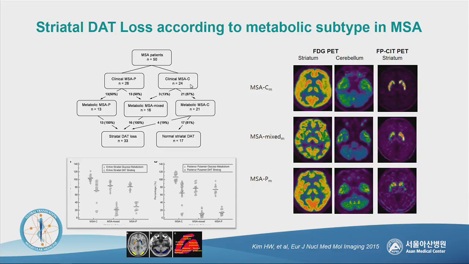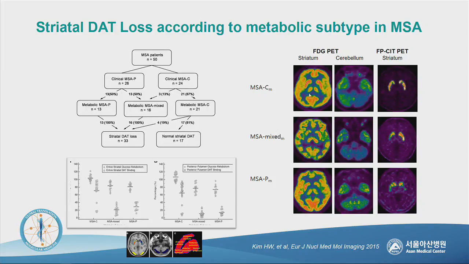But among clinical MSA-C, 87% showed FDG abnormality only in the cerebellum, and clinically and metabolically MSA-C showed mainly a normal striatal uptake pattern, but quantification is still lower.